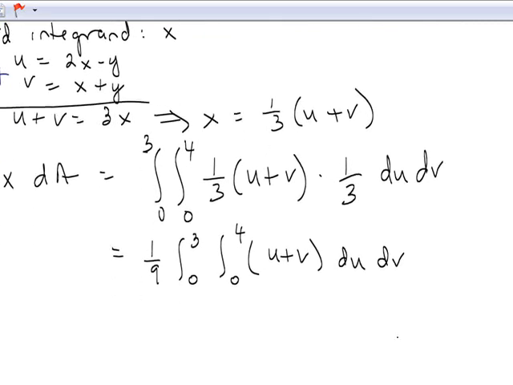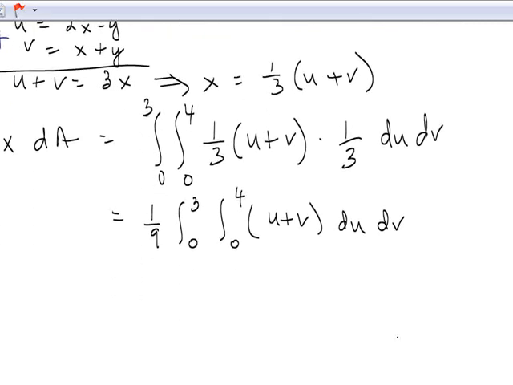Okay, let's see what that is. Anybody worked it out? When you get it, tell me. You can do it, put it into your calculator.